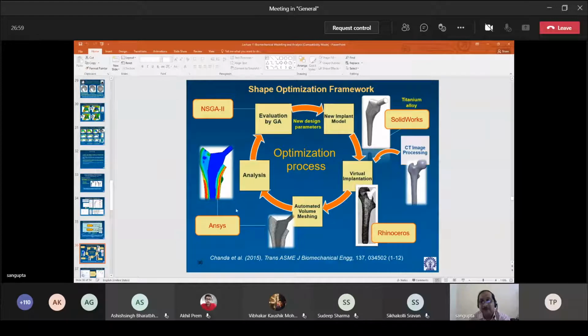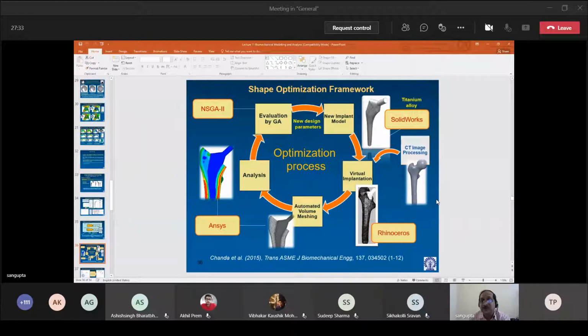Then we get hold of the stress analysis. We calculate all the failure values that would actually decide whether or not it will fail. So we satisfy objective 1, the stress shielding, amount of bone resorbed, and then the interface stresses. Everything is calculated for a particular design.